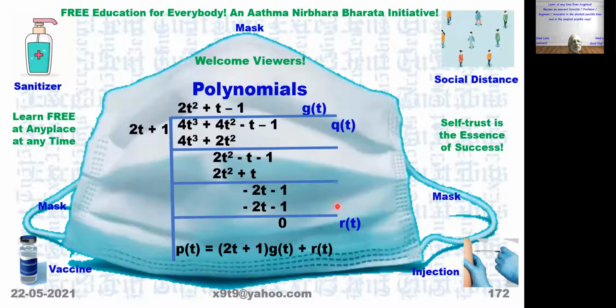Now, because the remainder is 0, we will say that this P(t) can be factorized into two factors. One is 2t plus 1 and another is g(t). That is, one factor is 2t plus 1 and another factor is 2t square plus t minus 1.